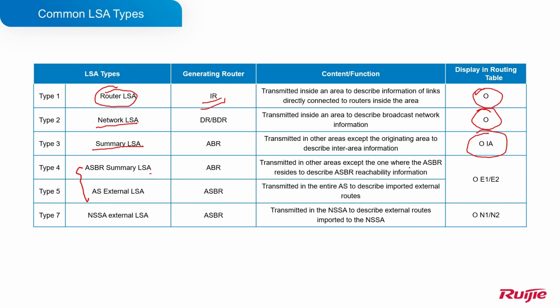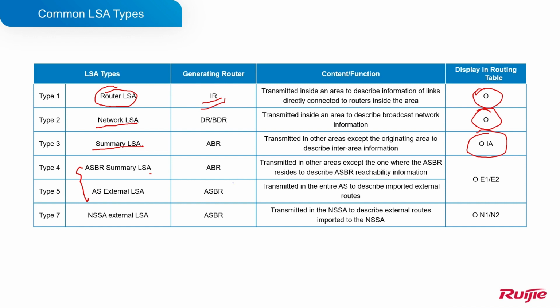For area 1, we do the redistribution on area 1, and then area 1 will transmit this information to area 0, and the ABR will generate the type 4 LSA information, right? And this type 4 LSA information, we won't transfer to area 1. We just transfer to area 0, and then area 0 will transmit to other non-backbone areas.